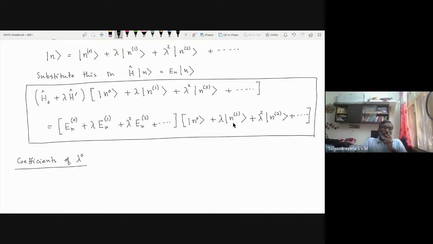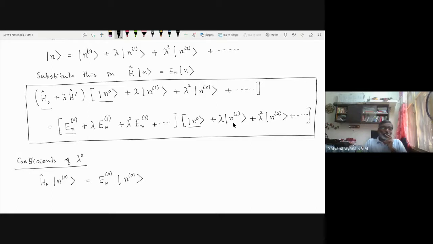There is H naught and n naught here, that does not have lambda. So on the left hand side I have H0 n0, and on the right hand side I have En0 n0. So this is equal to En0 n0. This is the equation you will get if you collect the coefficients of lambda power 0.